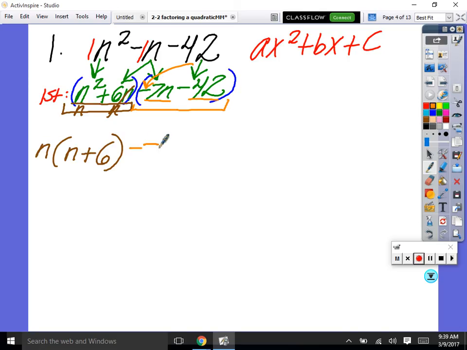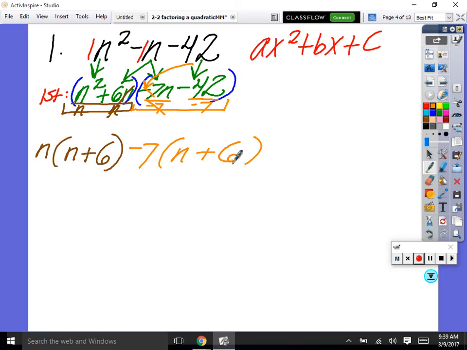So we're going to factor out negative 7. Then go back and divide each term by negative 7 to see what's left in your parentheses, just like we did with greatest common factor. So look, negative 7N divides by negative 7 and becomes N. You're right, 1N, very good. Now careful here, negative 42 divided by negative 7 is positive 6.